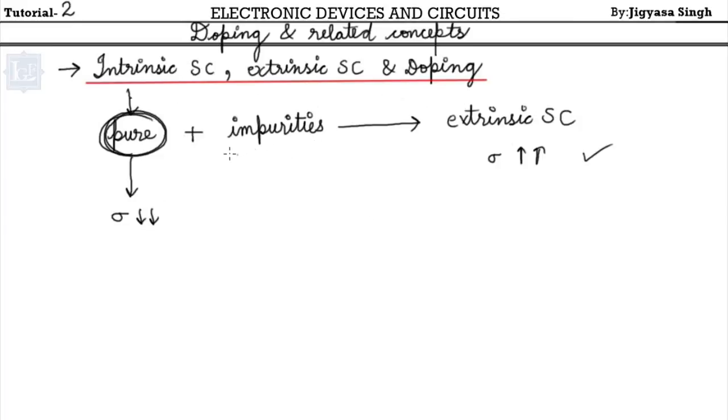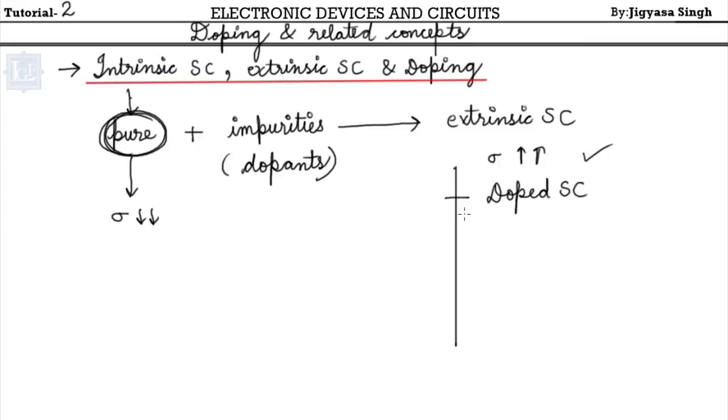Now these impurities are also known as dopants. It goes with both the names. So this extrinsic semiconductor is a doped semiconductor. Yes, this is an impurity semiconductor.